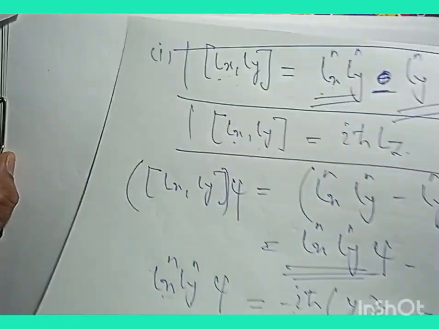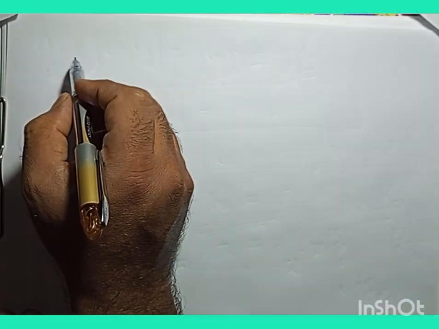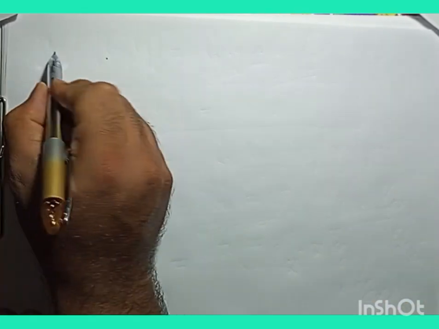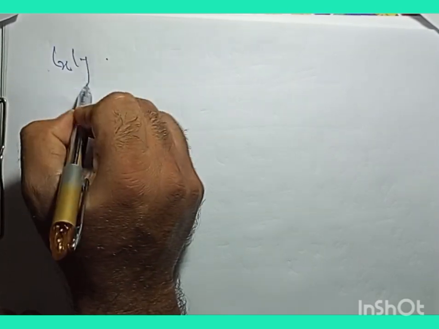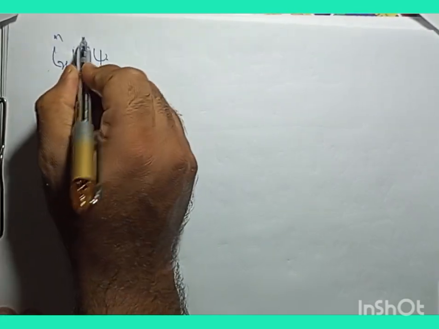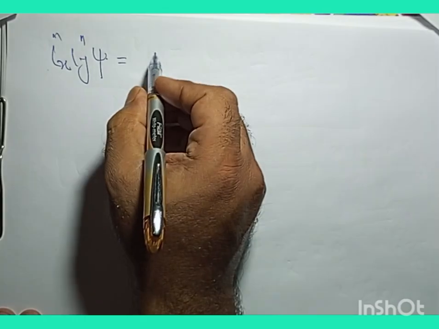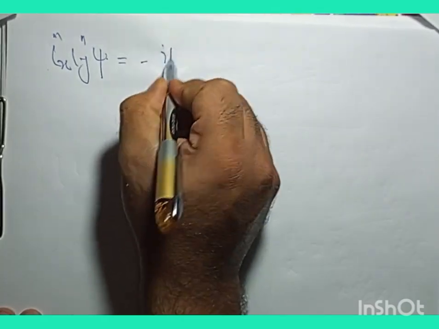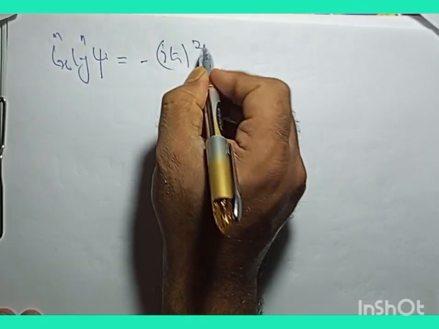Then we go with the simple multiplication. Our left hand side is Lx Ly psi, and this is going to give me minus (iħ) whole square.